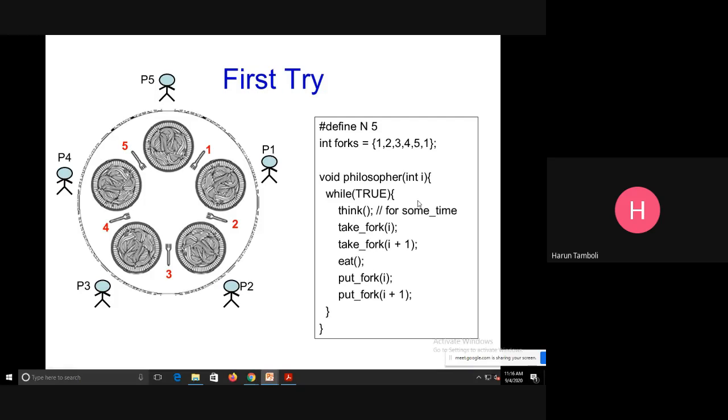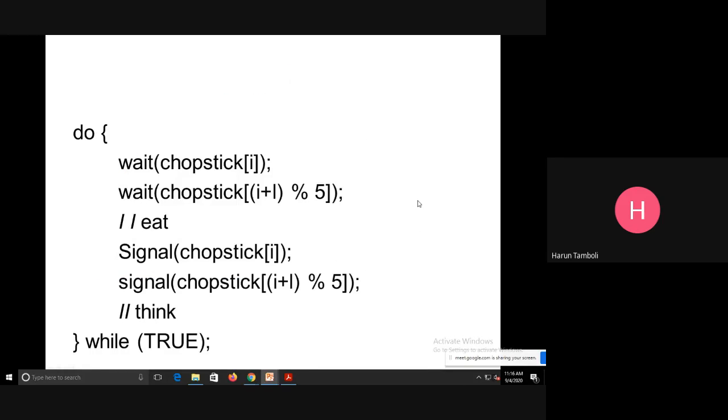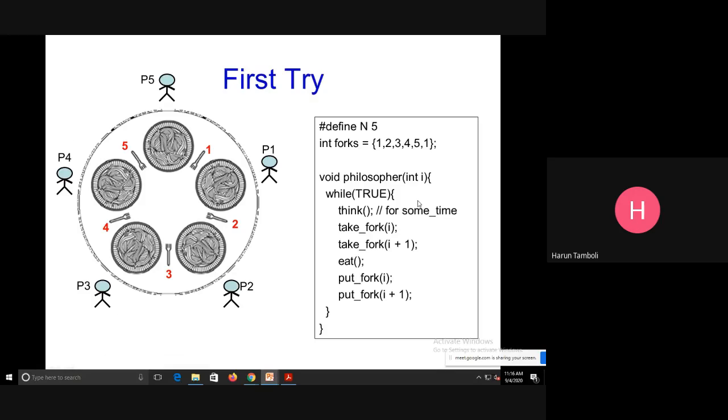So if any philosopher enters, then definitely he is first in the think state for some time. Then when he feels hungry, he calls the take fork function. You can consider this as the chopstick function: as mentioned, performing the wait operation on the chopstick is the take fork, that is taking a chopstick.